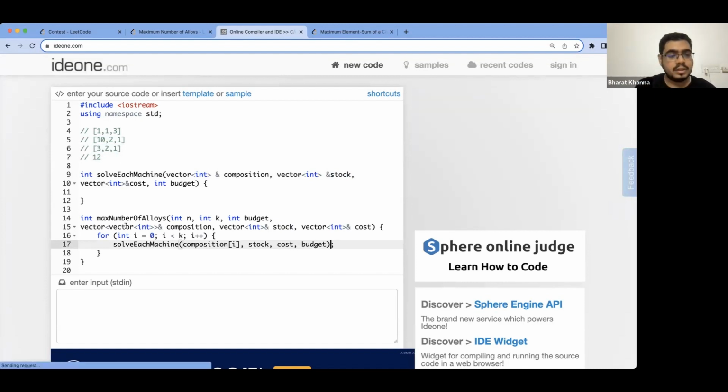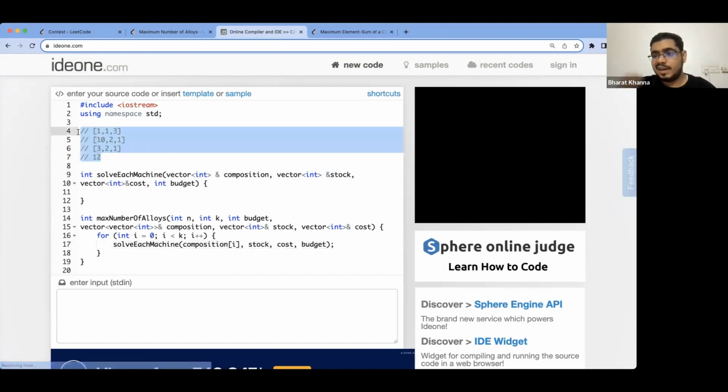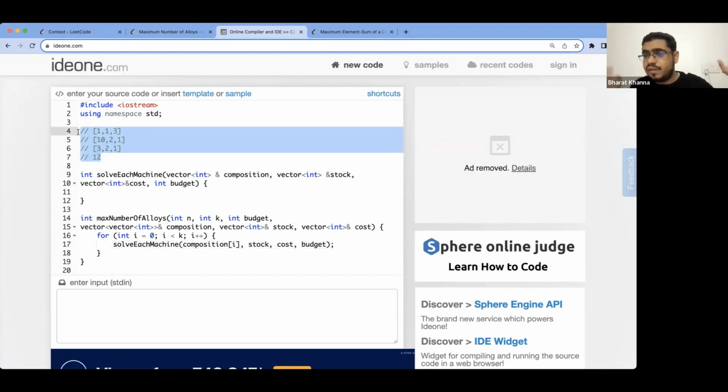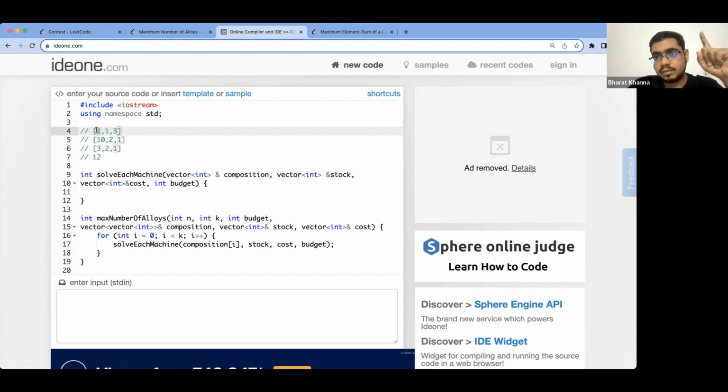What happens with this? Now the complexity has significantly reduced because you don't have that vector in place. You don't have to worry about a lot of things, right? Now we just know for each metal, एक के लिए कितना है? For one alloy, how many do we have? कितने पहले से हैं? How much stock do we have? What is the cost of buying new? And how much is the total budget?